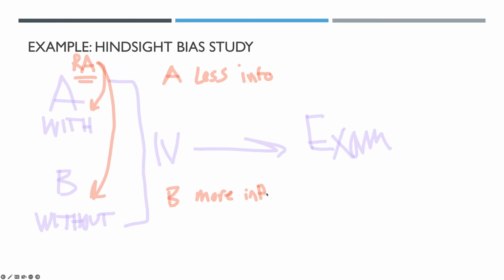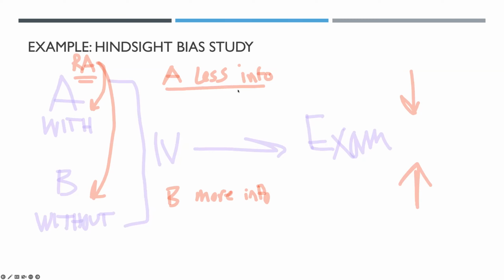This is not an individual level extraneous variable, but it is a condition. It's a part of the condition, right? So this basically gives us another alternate explanation for why they might have a higher or lower grade. So again, we think this with group is going to have a lower exam grade and the without group is going to have a higher exam grade.